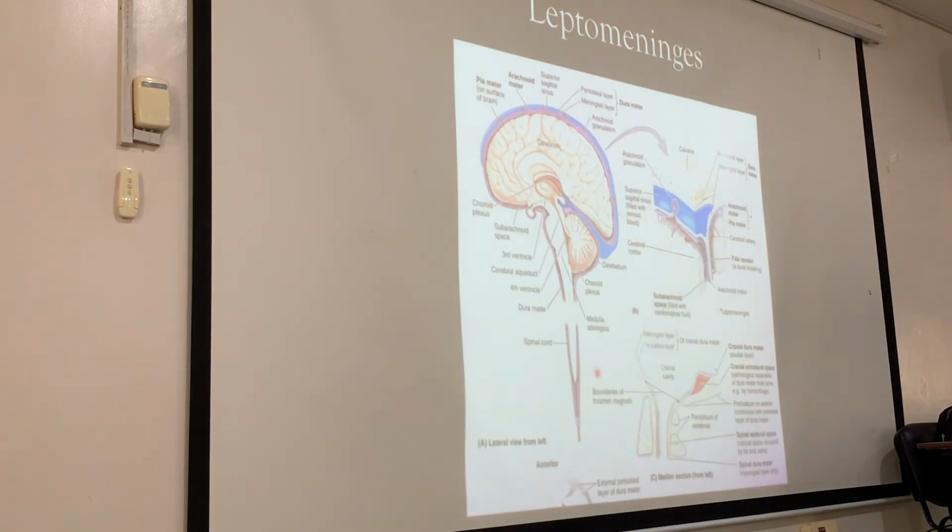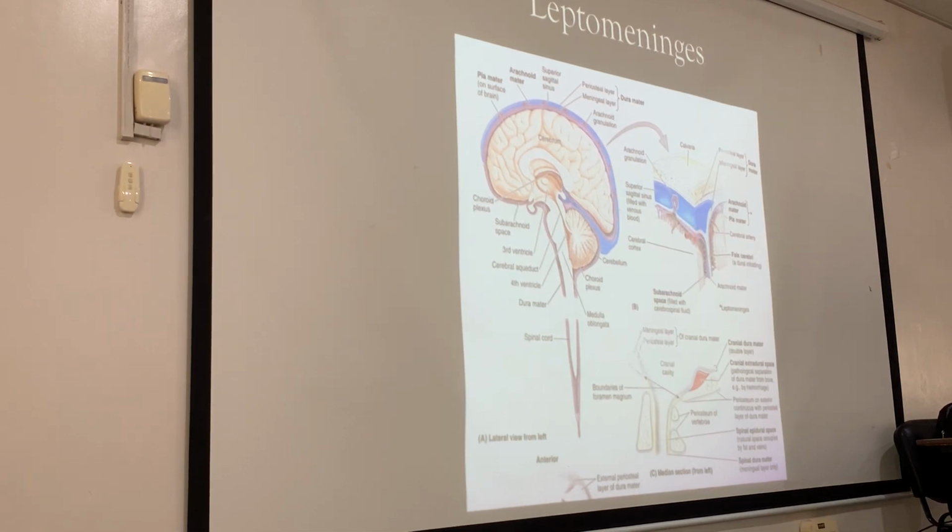So again, the same illustration. So underneath the dura, we have the arachnoid. That's the arachnoid layer. And then we have arachnoid trabeculae, and then we have pia mater on the brain. So arachnoid and pia.